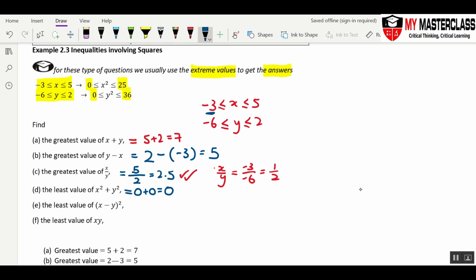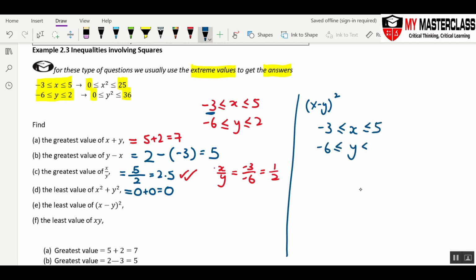Okay, then the next, x minus y squared, that could be quite a bit of combination over here. Let me write it over here, x minus y bracket square. I know that x is in between -3 to 5. I know that y is in between -6 to 2.